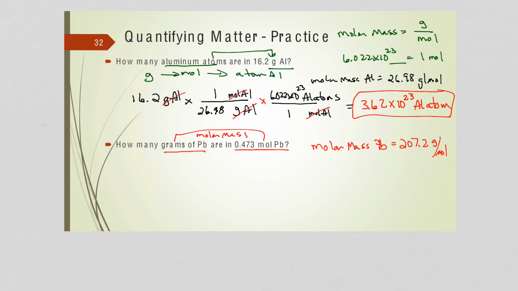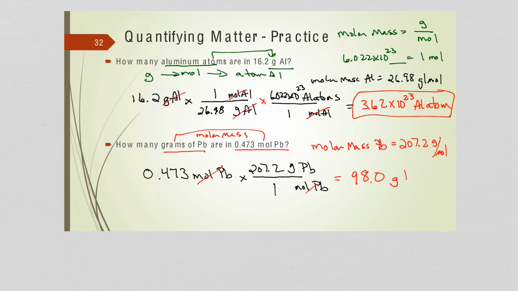So if I set up my calculation, starting with what I know, moles of Pb. To get my units to cancel, I want moles on the bottom, grams on the top. So using my molar mass, I know there are 207.2 grams per every 1 mole. My moles cancel. And if I do my math, I should end up with 3 significant figures to match this: 98.0 grams of Pb.